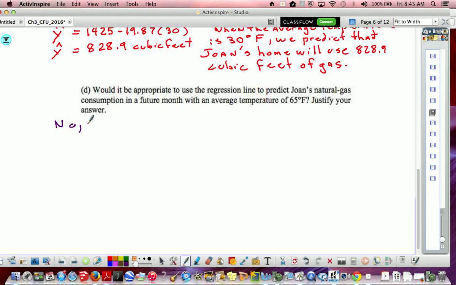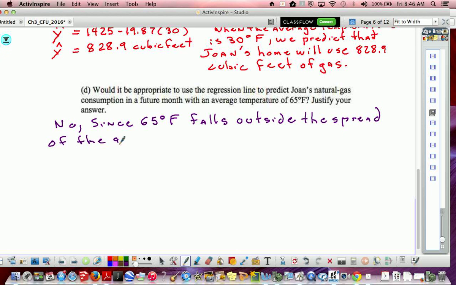So we would say no, since 65 degrees falls outside the spread of the given data used to find the least squared regression equation. Sorry, excuse me as I cough there.